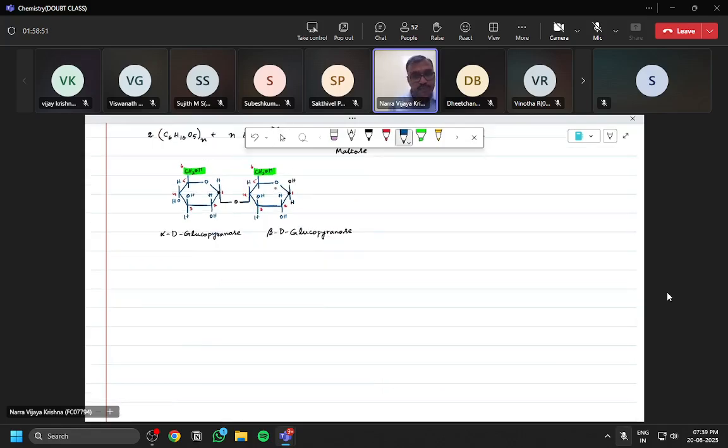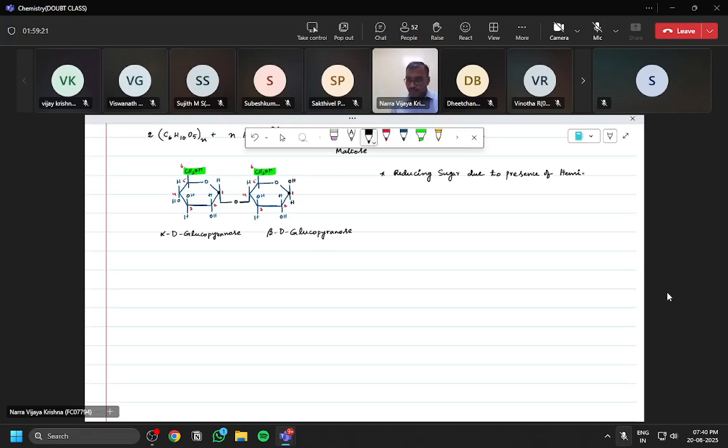This is free now. Therefore it is a reducing sugar, correct, sir? This C1 carbon, this hemiacetal group, is free now. So it is a reducing sugar due to the presence of the hemiacetal group. Any questions in it?